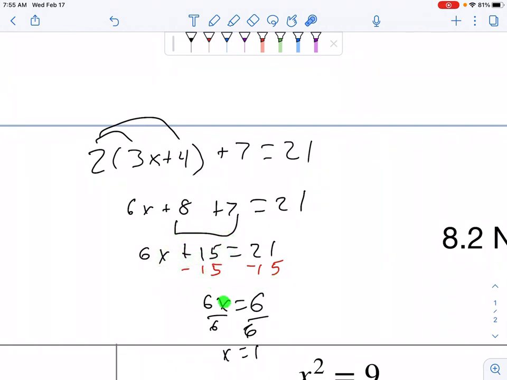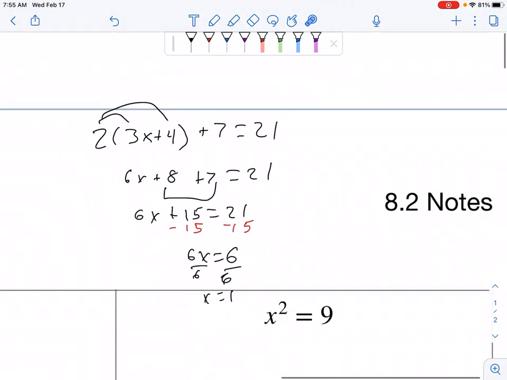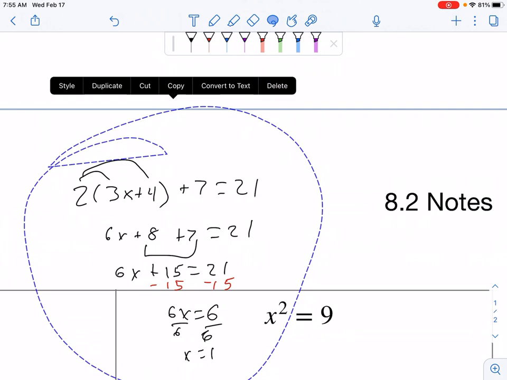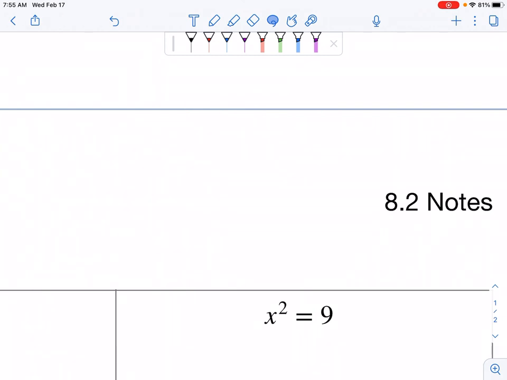In relation to the x, this 6 is multiplying, and the inverse operation, or the opposite of multiplying, is dividing. So solving equations is all about doing the opposite operation, or the inverse operation, to undo whatever the value is doing to x.